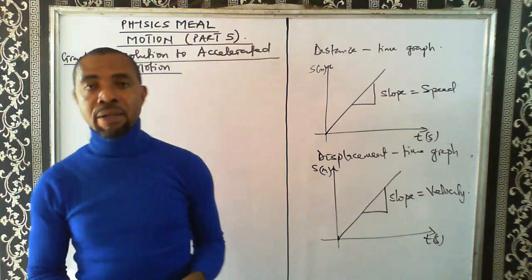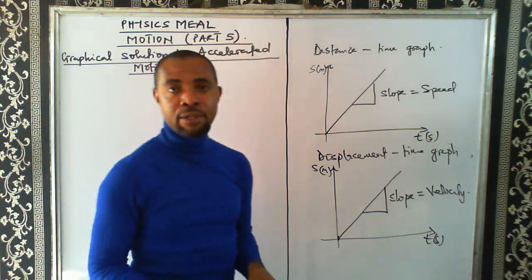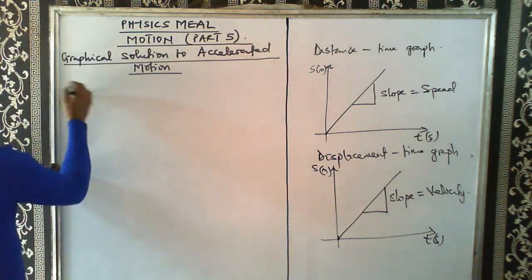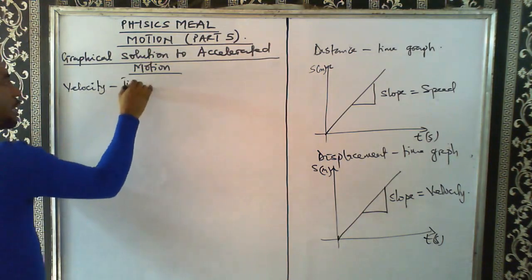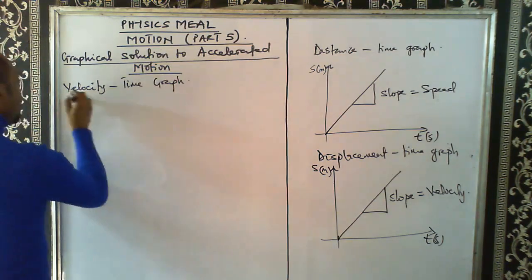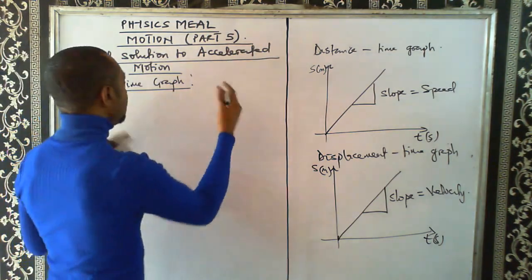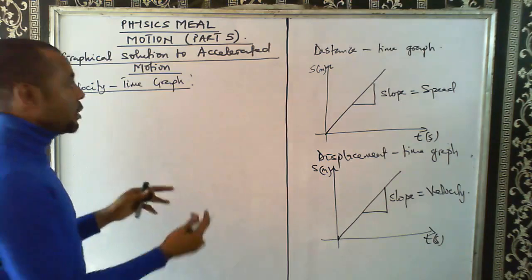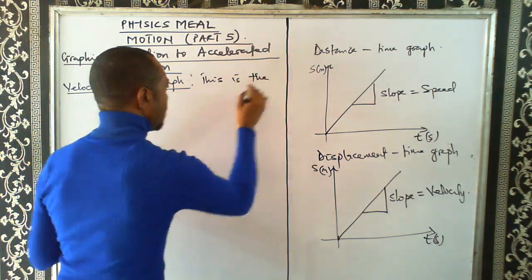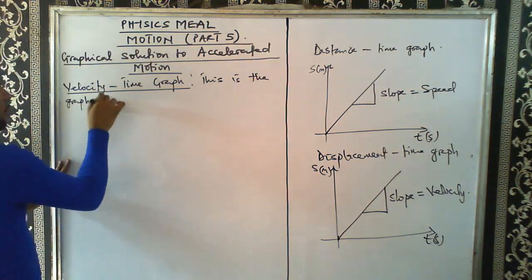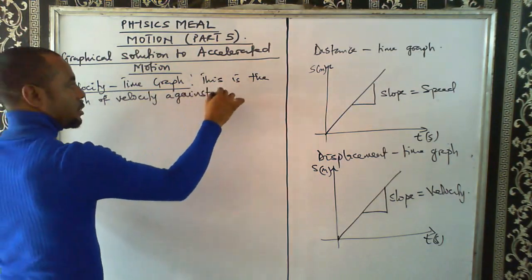But as far as accelerated motion is concerned, our business is on the velocity time graph. So that's the graph of interest. This is the graph of velocity against time.